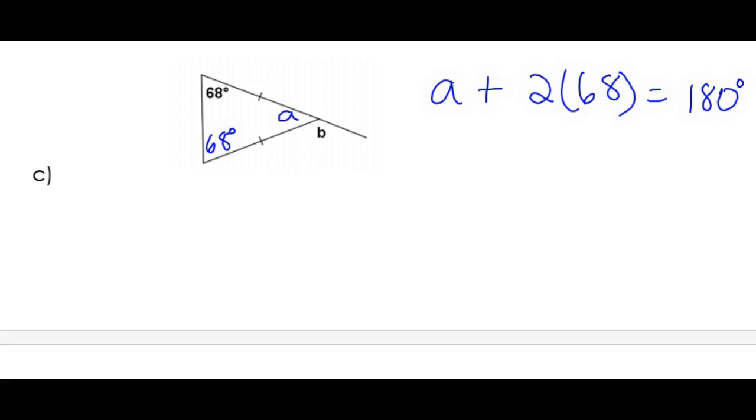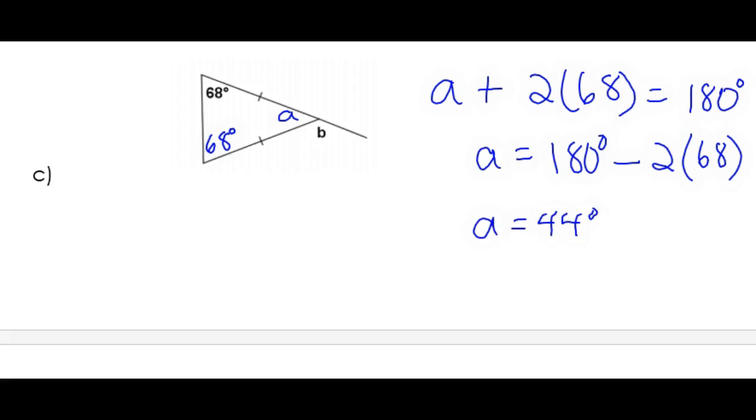So, working that out, really all I'm saying is A is going to be 180 degrees, but I'm going to take away the 68 degrees that I see in the 2 other angles. That gives me a remainder of 44 degrees. So I'm going to write that in where I had A, 44 degrees.